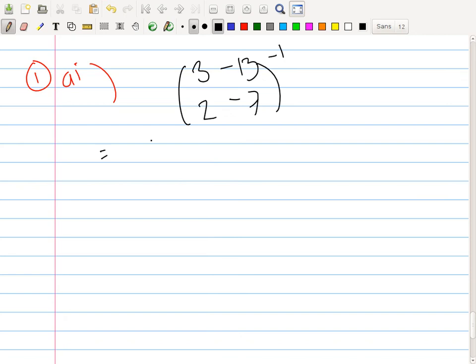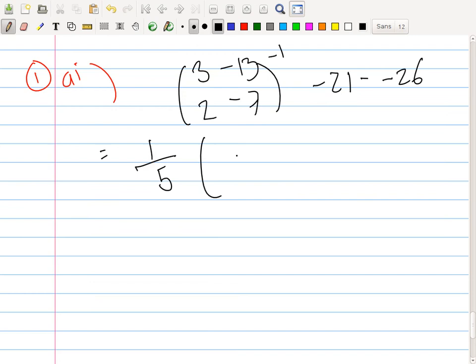So now, number 1 here. 1A part 1. Very straightforward to begin with. They ask you for the inverse of this matrix. So it's 1 over determinant. What's the determinant here? It would be minus 21 minus 26, which will be 5.